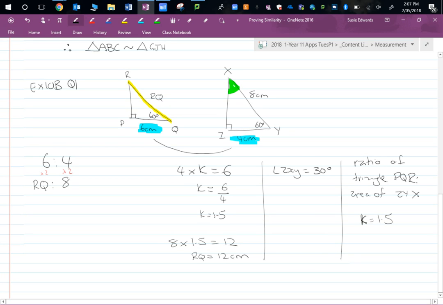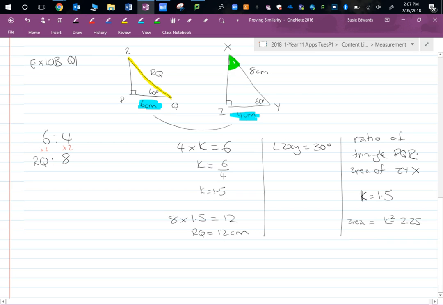What would it be for area? The area is K squared. So it's 1.5 times 1.5, which is 2.25. So if we want to know it as a ratio, it will be 2.25, which is the bigger one. So that is PQR. 2.25 to 1 would be our ratio.